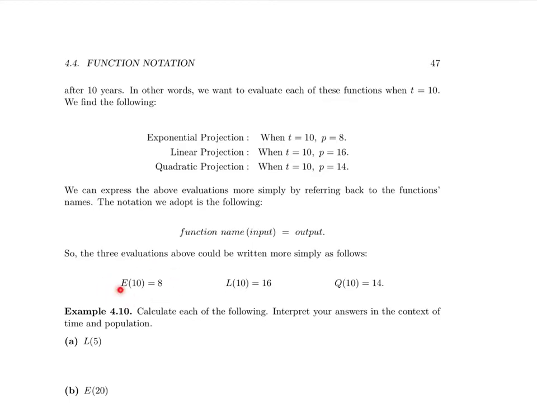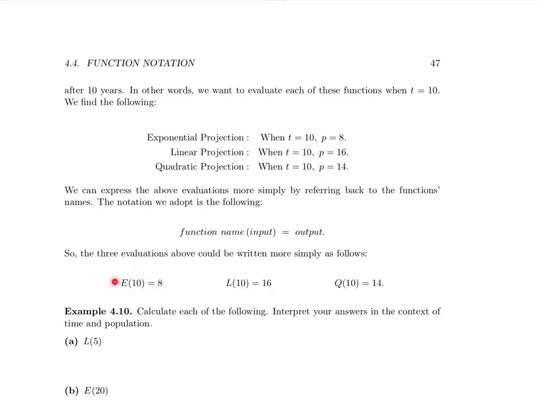I write the letter E for the name of the function. I follow it with parentheses, and inside the parentheses I have the number 10 because 10 is what we're putting into the function. When I write E followed by the 10 in parentheses, this is our way of writing the output.